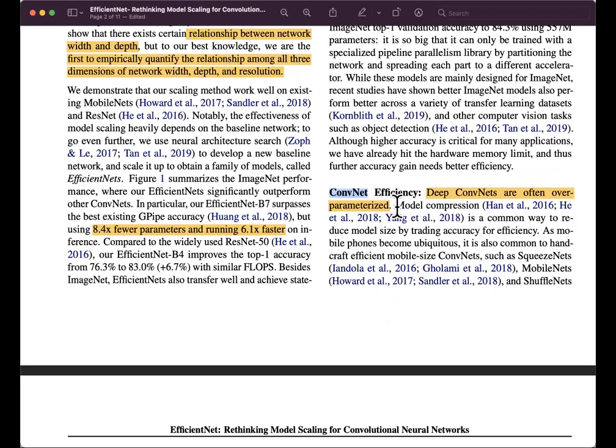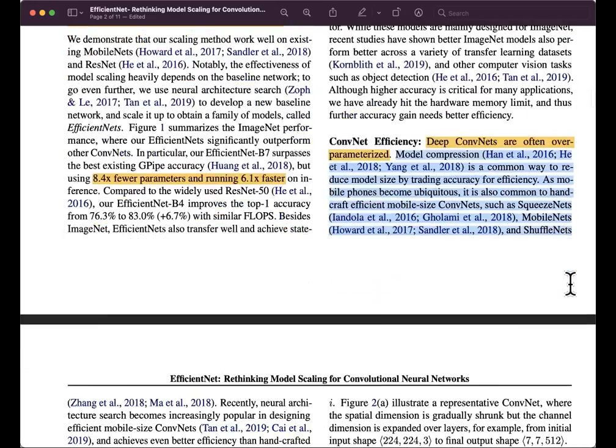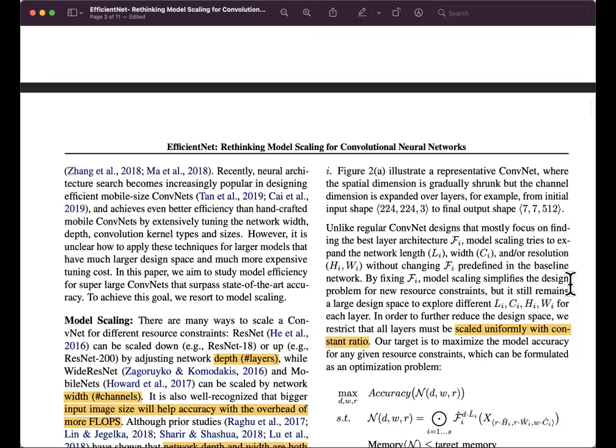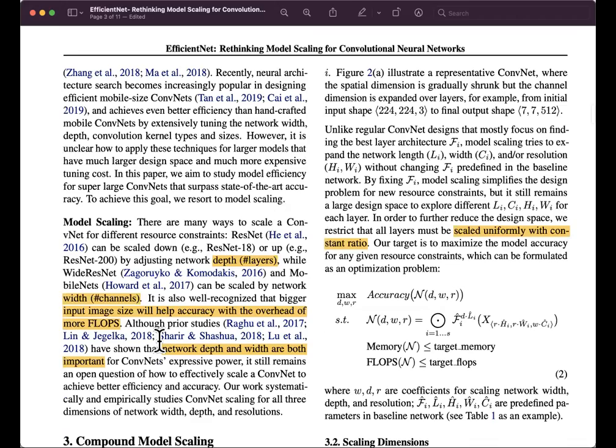Then we have some model compression methods in the literature to increase efficiency.